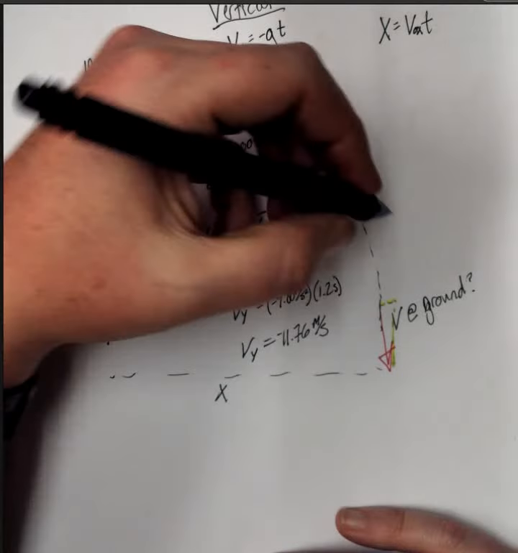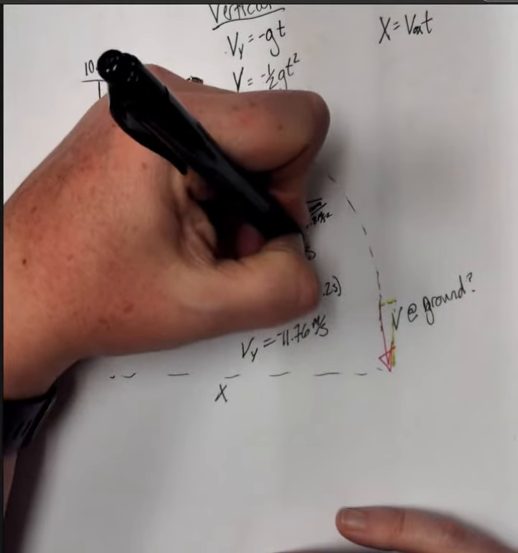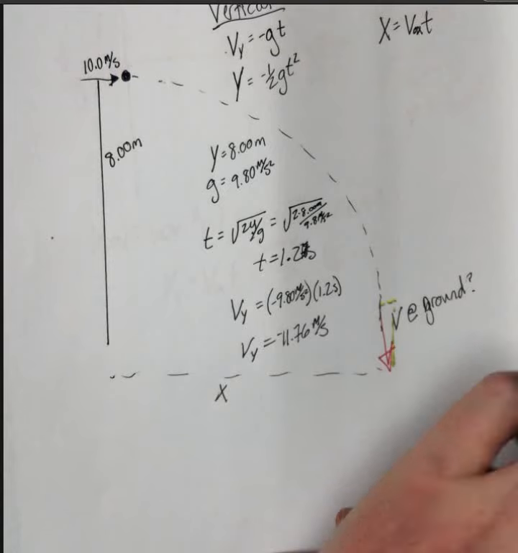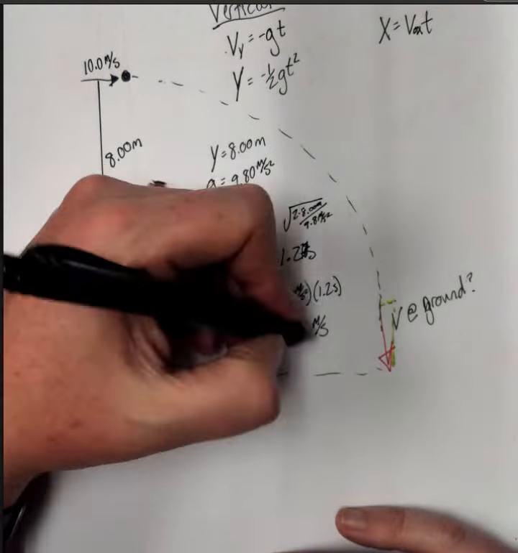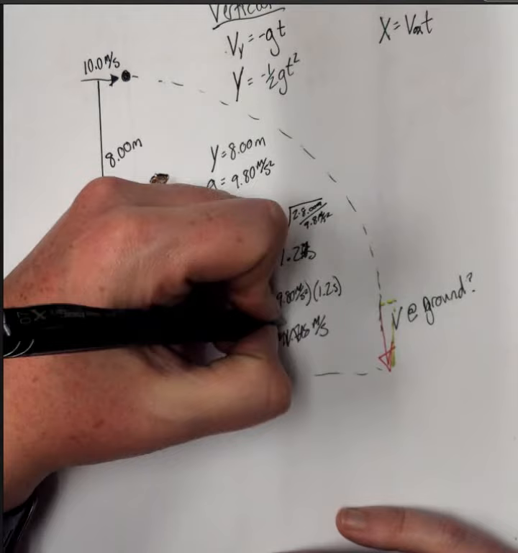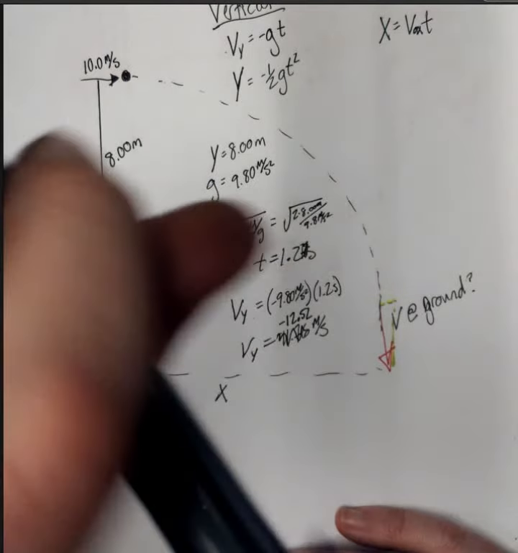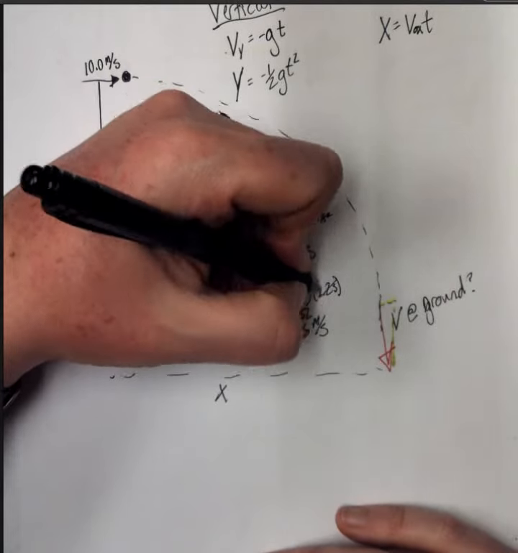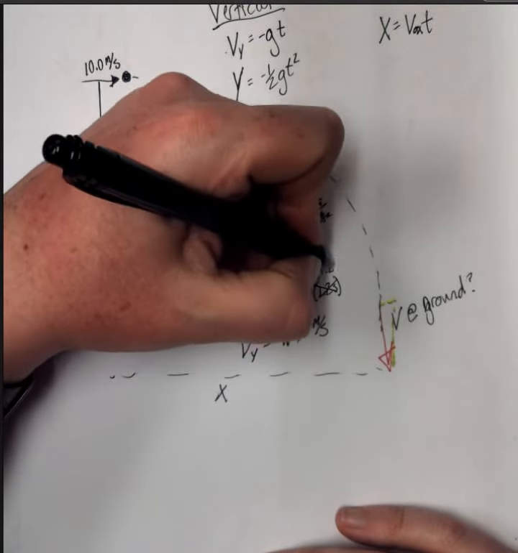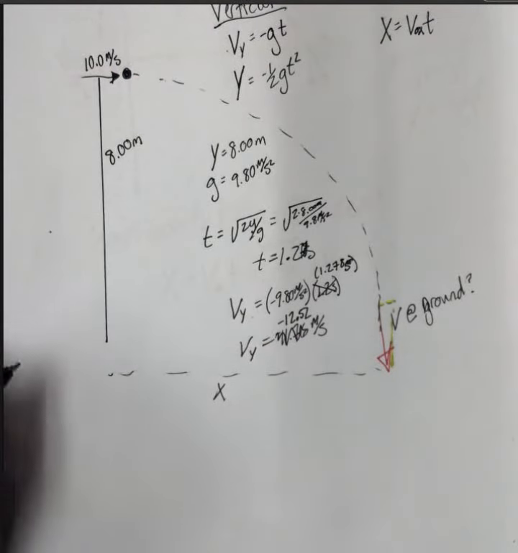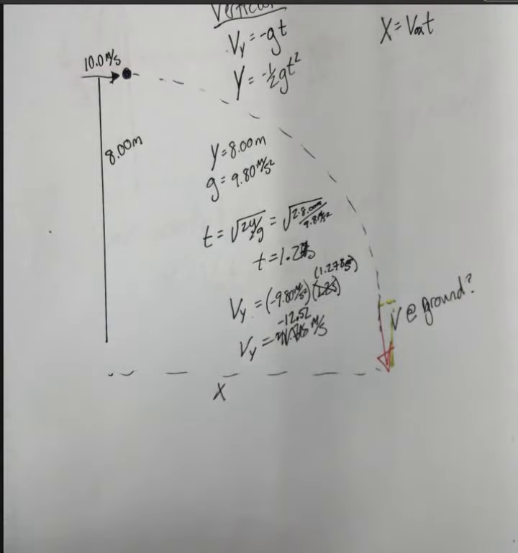And I'm going to keep 1.278. So 1.278 times 9.8 is actually going to be 12.5. So I had a significant figure problem. I didn't keep enough significant figures here, so that changed my answer. So always be careful about that. I carried an incorrect amount of significant figures, and it changed my velocity significantly because acceleration of gravity is large.